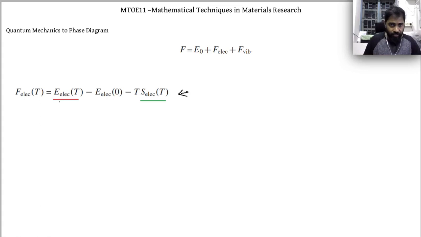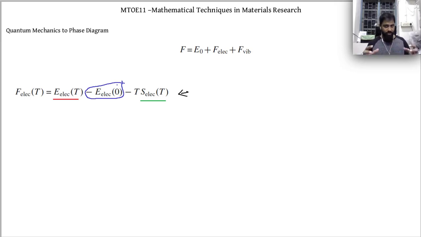So the free energy of the electrons with respect to temperature, depending on which energy levels they occupy, is expressed in this way. Now, the first thing we need to notice here is that we are subtracting this term here. This term essentially talks about the energy of the electrons at absolute zero.